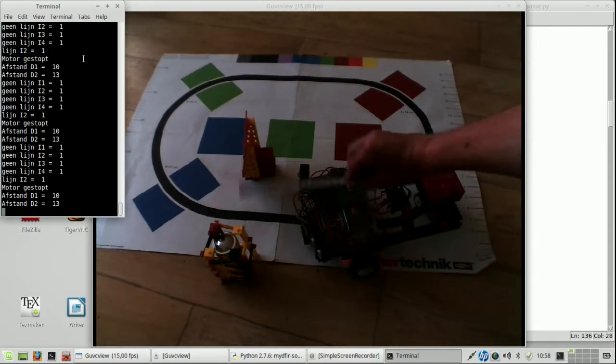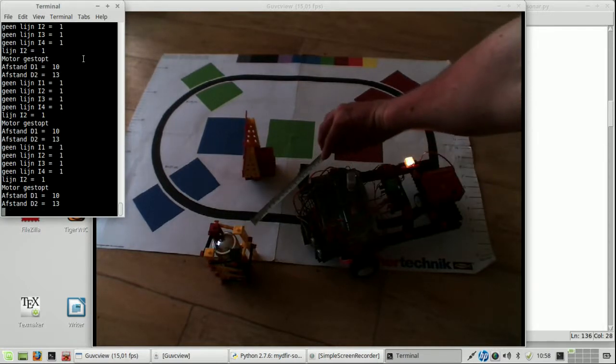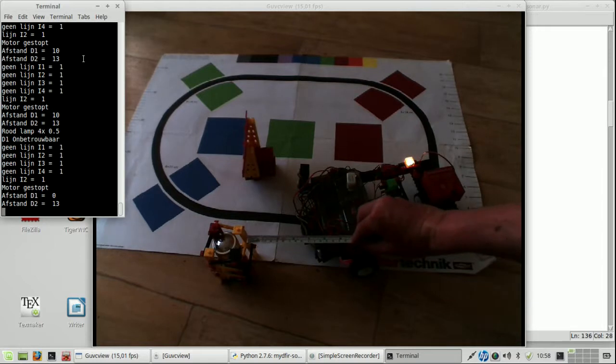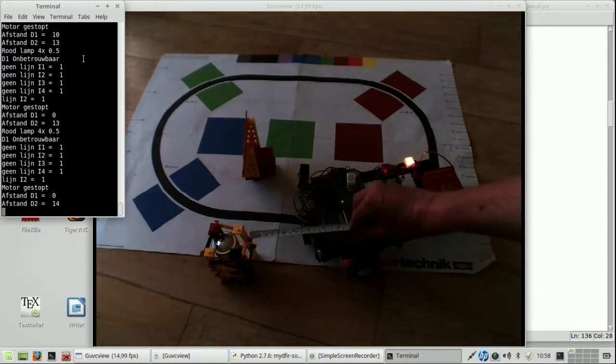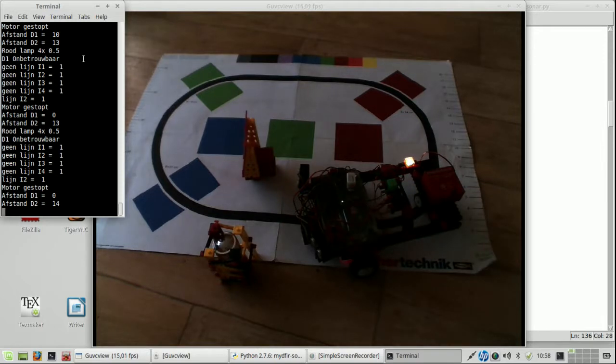This is out of range. This is not out of range, and this is 12 centimeters, or more appropriately 10. And this one signals, of course, this, and D2 says 12.